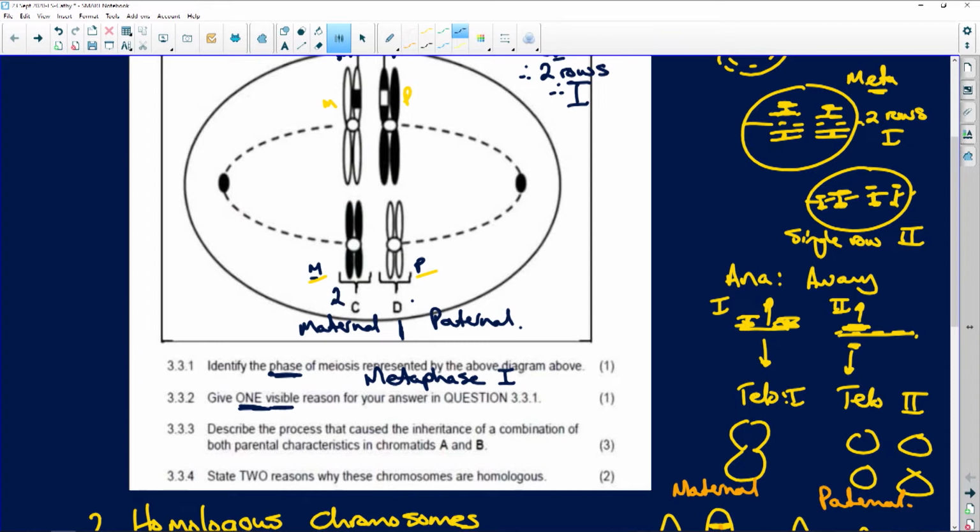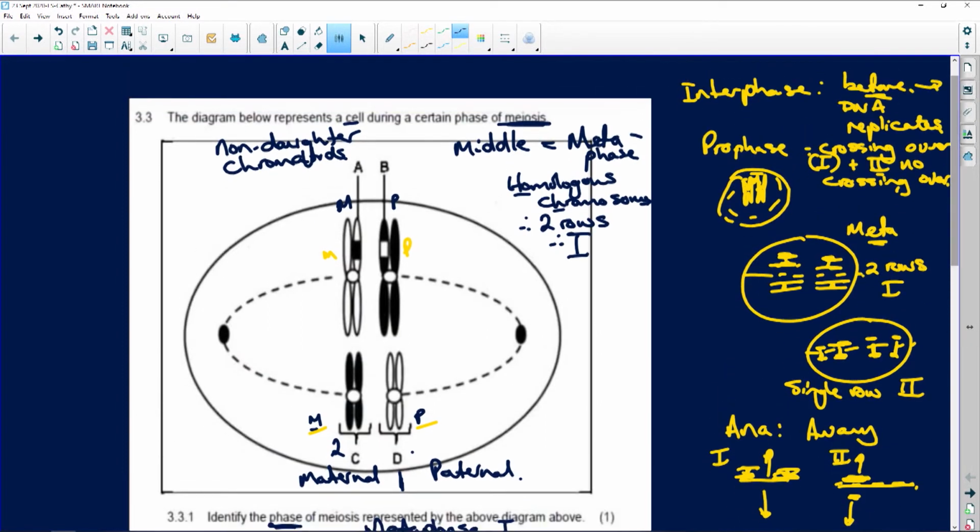All right. Then describe the process that caused the inheritance of a combination of both paternal characteristics on chromatids A and B. So if we look here, chromatid A, we've got that piece, and chromatid B, we've got that piece. So they've swapped from this side to that side and that side to that side.